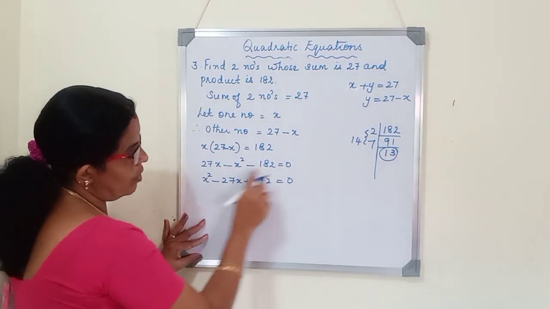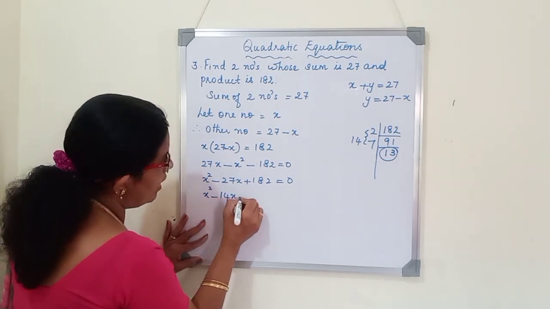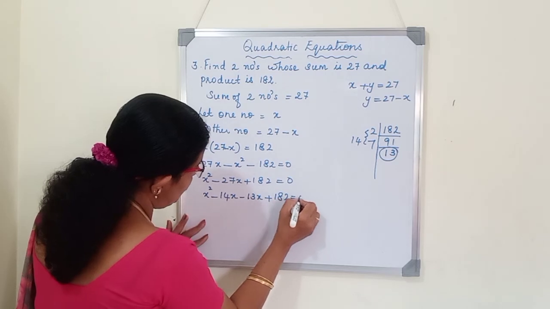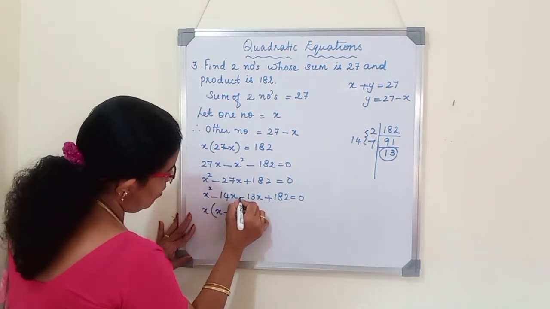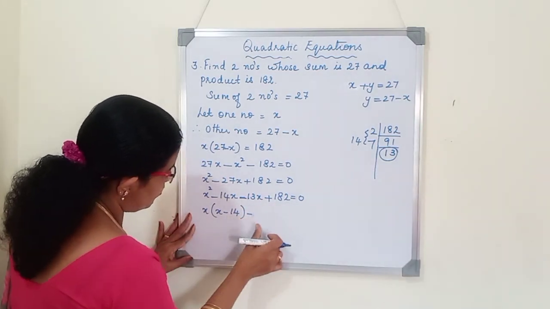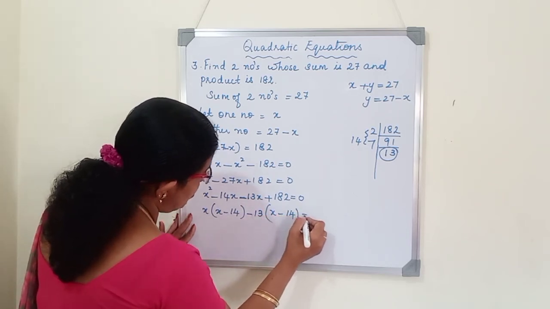but we want minus 27, so we will write it as x square minus 14x minus 13x, both are negative, plus 182 is equal to 0. So x into x minus 14, minus 13 is taken outside, and x minus 14 equals 0.